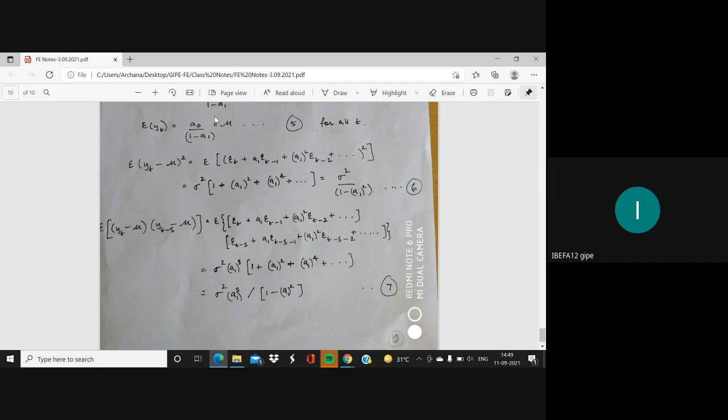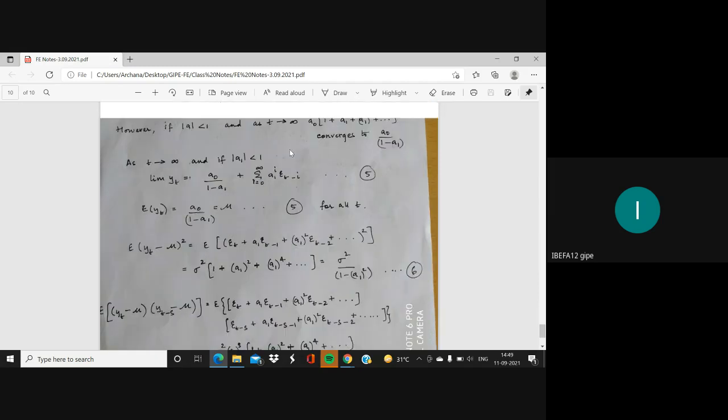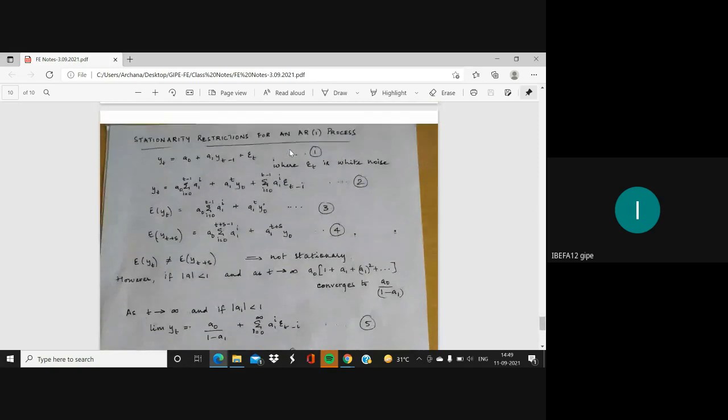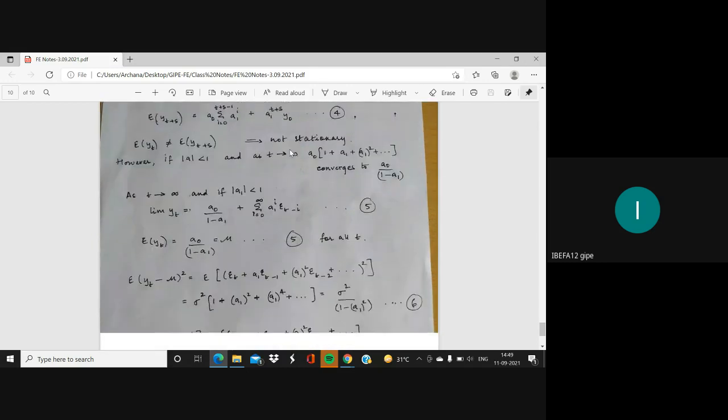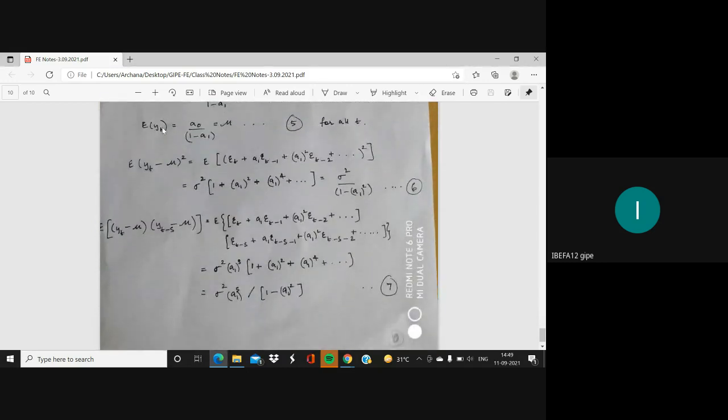So here you can see that all the conditions for stationarity have been satisfied by this AR(1) process, once we impose the restriction that the absolute value of A1 is less than 1. Here the mean is finite and constant. The variance is also finite and constant, and the covariance depends only on the lag. It is not dependent on time itself, the particular point of time which was used to calculate the autocovariance.